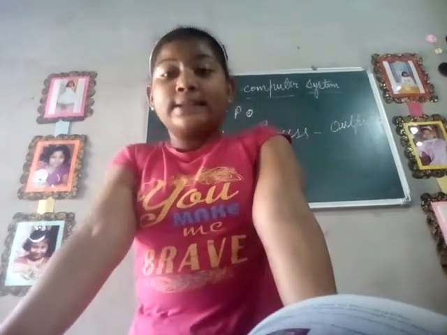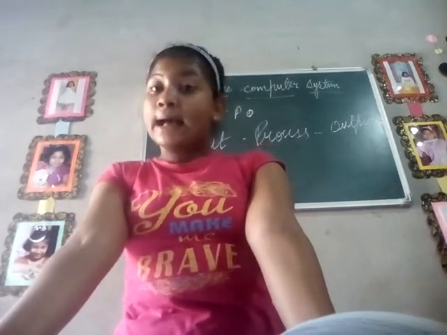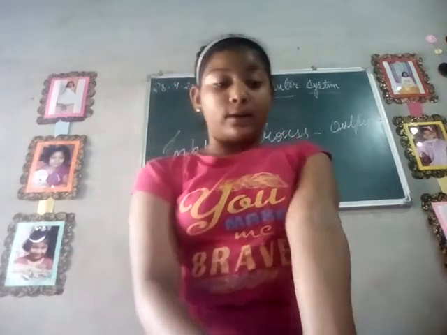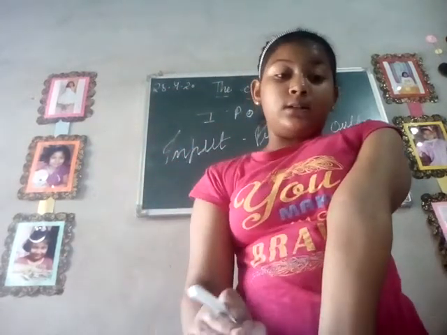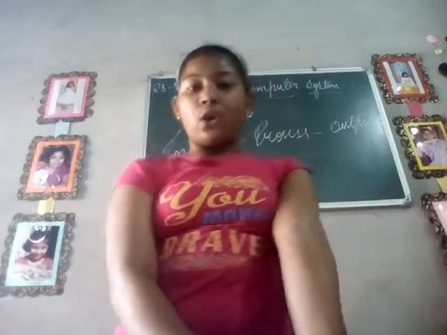Now what is mouse? Mouse has 3 buttons. Some mouses have 4 buttons also, and some mouses have 2 buttons also. So mouse is used for clicking, selecting and pointing the object.